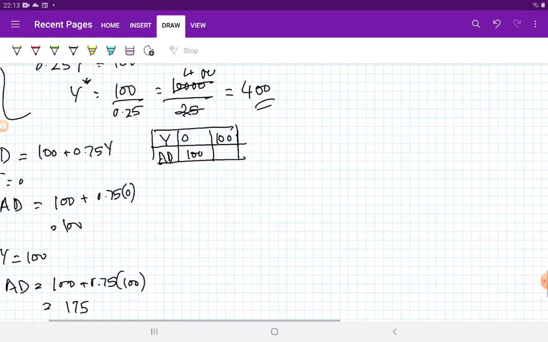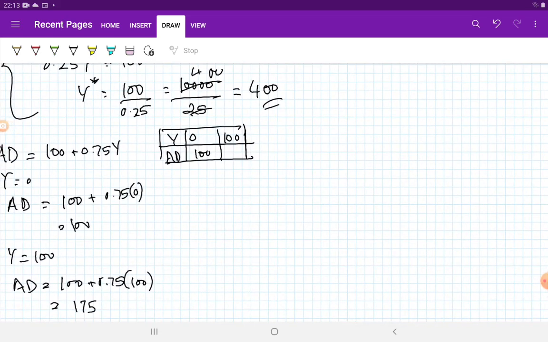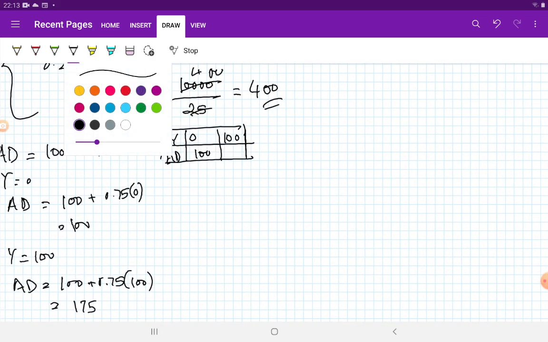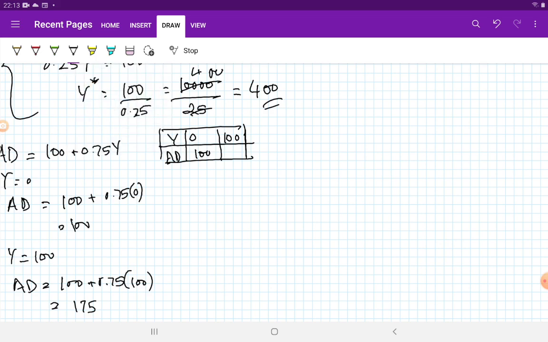Now to plot this line. Let's just assume that I had drawn a perfectly straight line coinciding with the grid line. The horizontal line is a bit better.